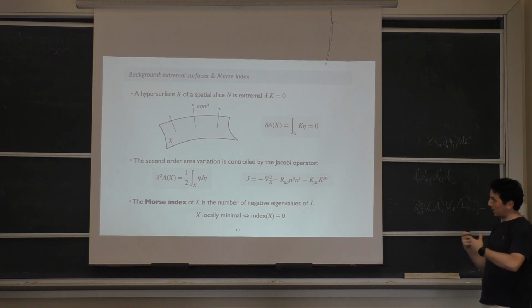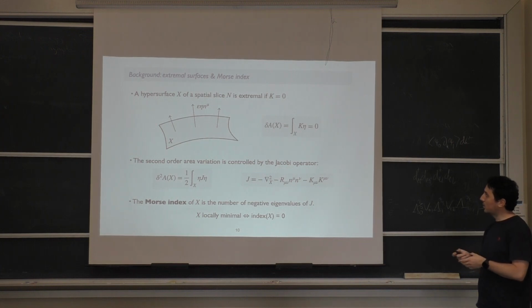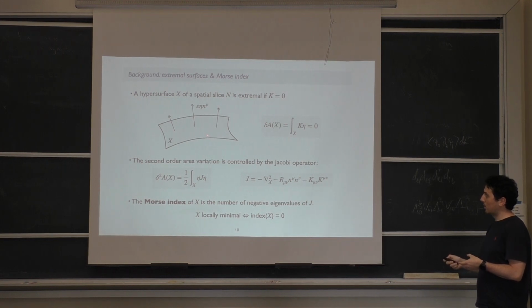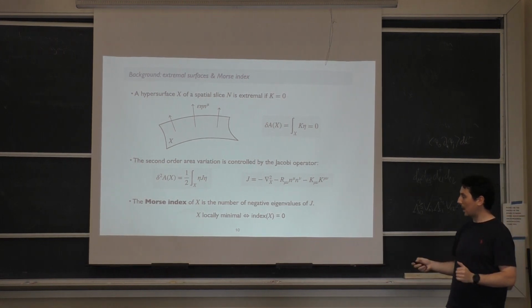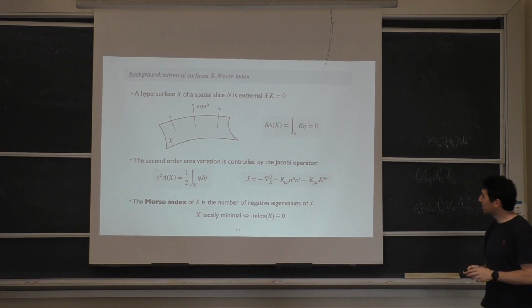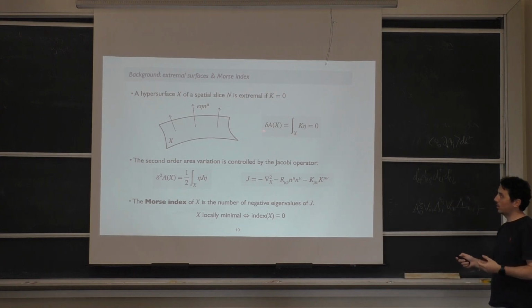And this surface is said to be extremal if the extrinsic curvature when embedded in this ambient space vanishes. The reason is that the first order variations of the area are proportional to the trace of extrinsic curvature. However, to second order, the area of extremal surfaces changes, and the second order variation of the area is controlled by some differential operator in the space of deformations of this surface.